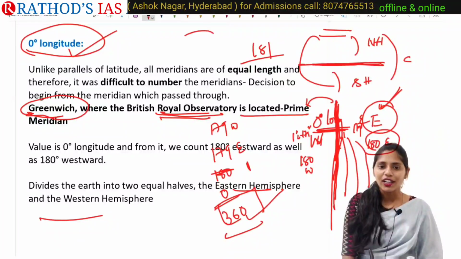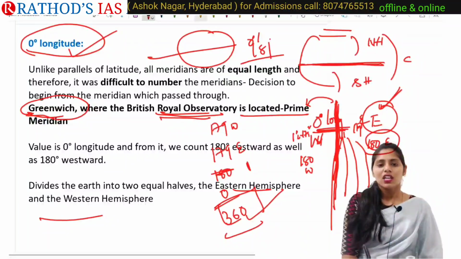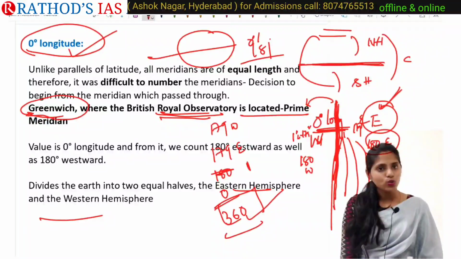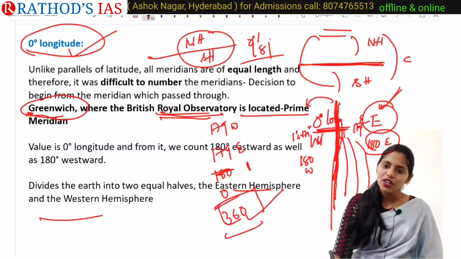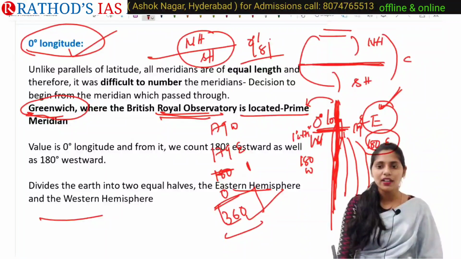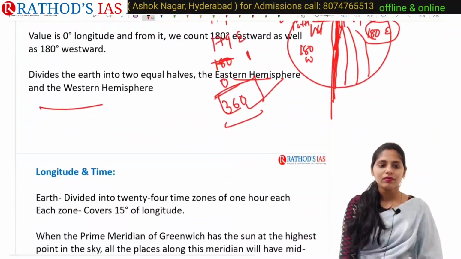In latitudes, the 0 degree latitude, that is the equator, divides our earth into two halves, the northern hemisphere and the southern hemisphere. In the same way, 0 degrees longitude divides earth into two hemispheres, eastern and western.